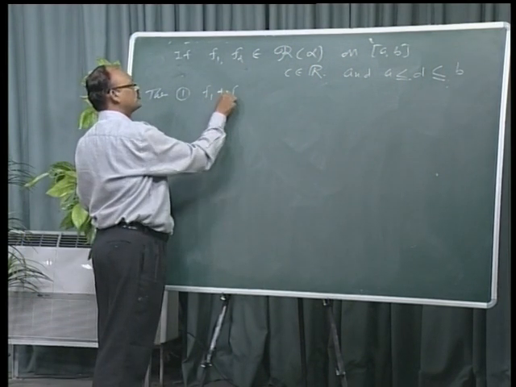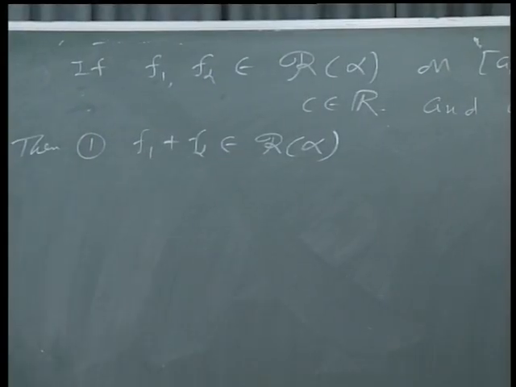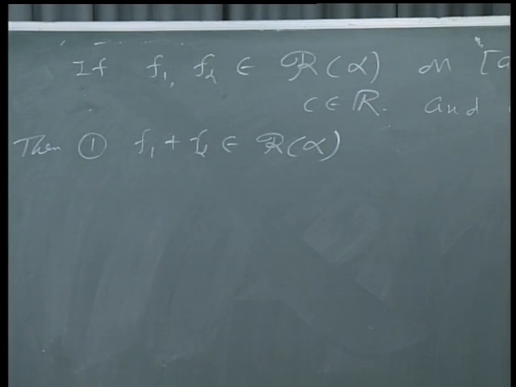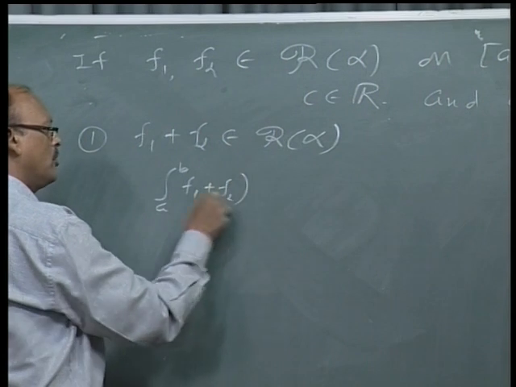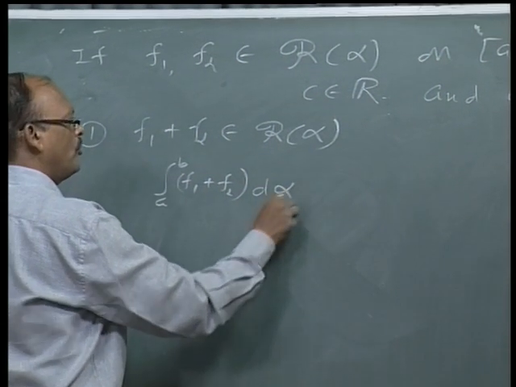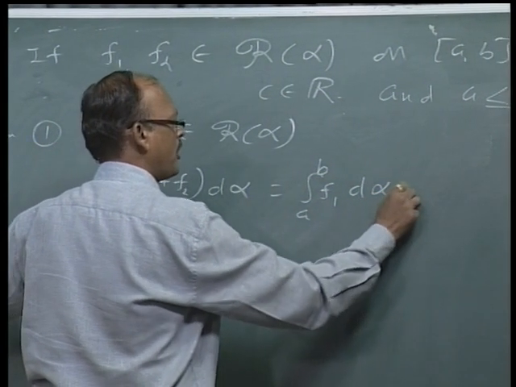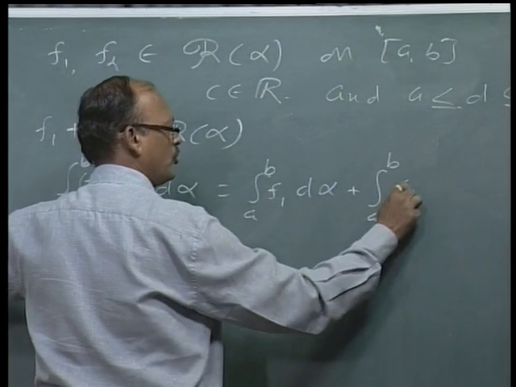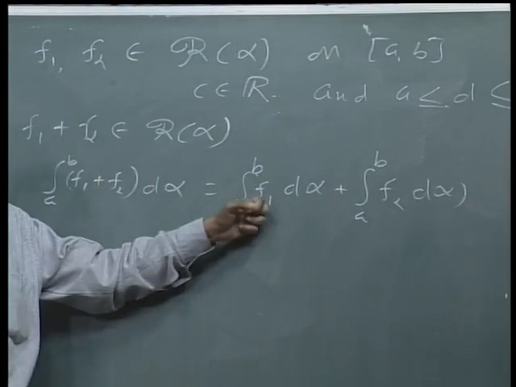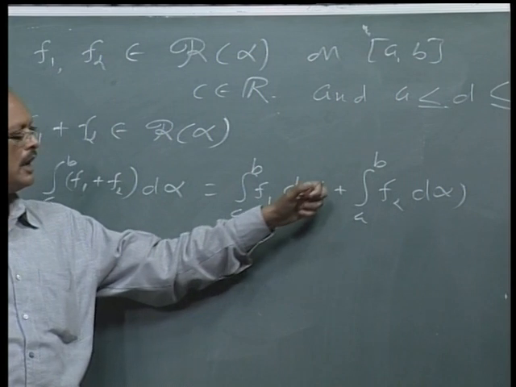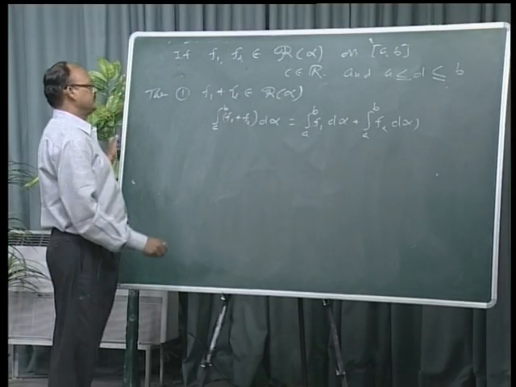This is the algebraic property of Riemann-Stieltjes integrable functions, and moreover the integral of the sum of these two functions with respect to alpha is equal to the integral from a to b of f1 d alpha plus the integral from a to b of f2 d alpha.